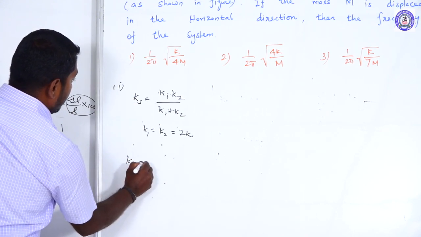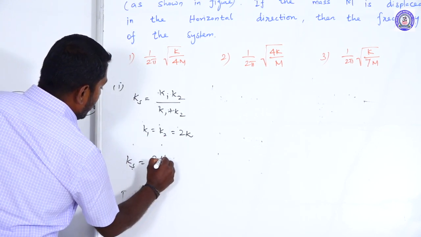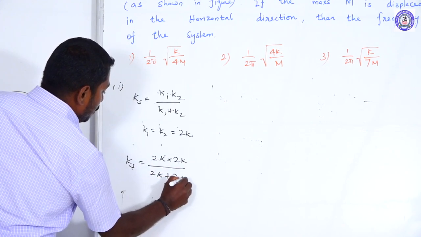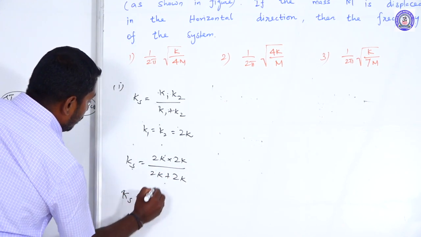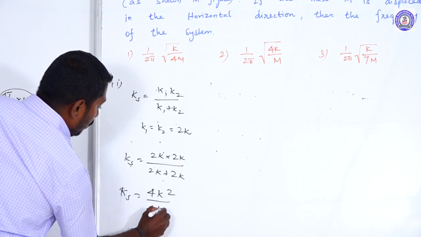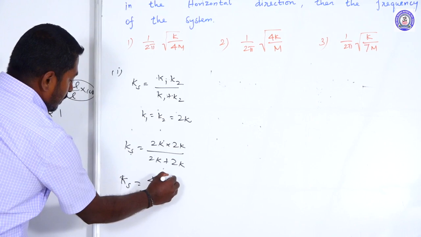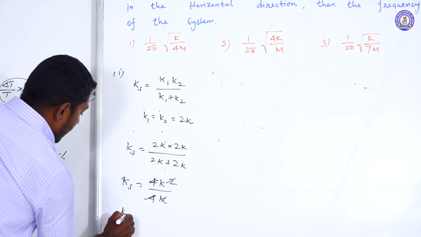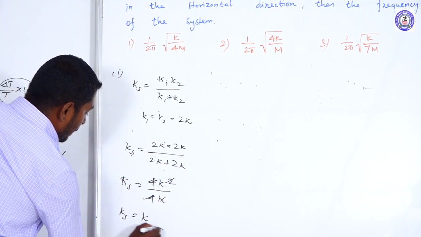Substitute here, k is equal to 2k into 2k divided by 2k plus 2k. So k is equal to 4k square divided by 4k. 4k gets cancelled. Then k is equal to k.